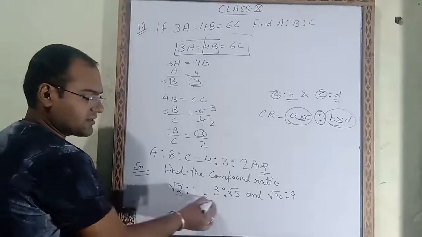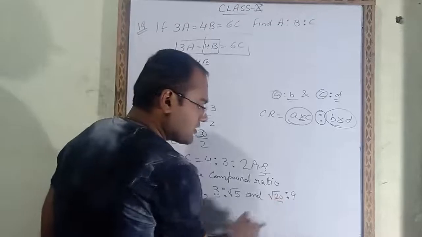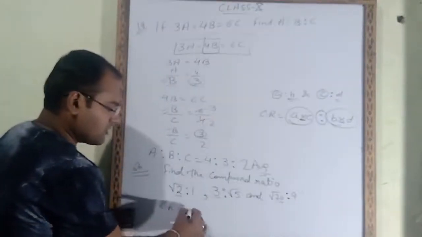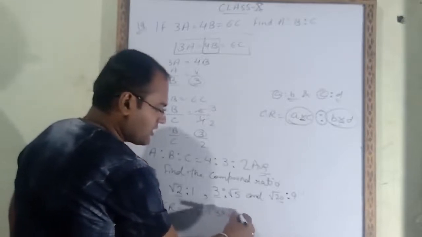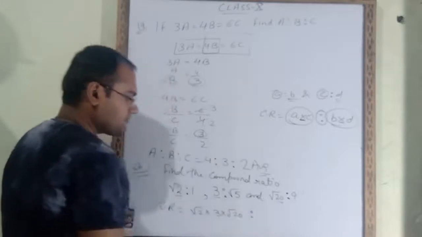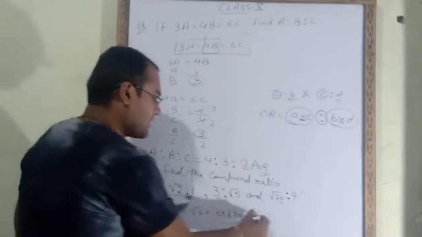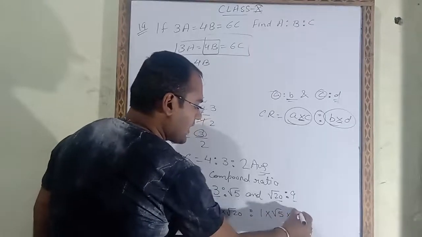This is the antecedent, that means numerator. This is also an antecedent, this is also an antecedent. So compound ratio is equal to root 2 into 3 into root 20 ratio the product of the consequents. Consequents are 1, root 5 and 9.